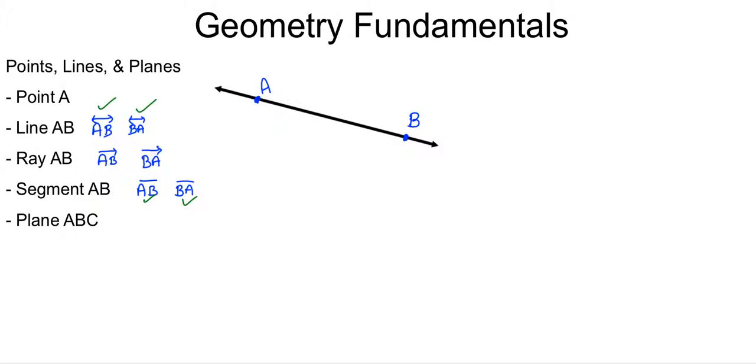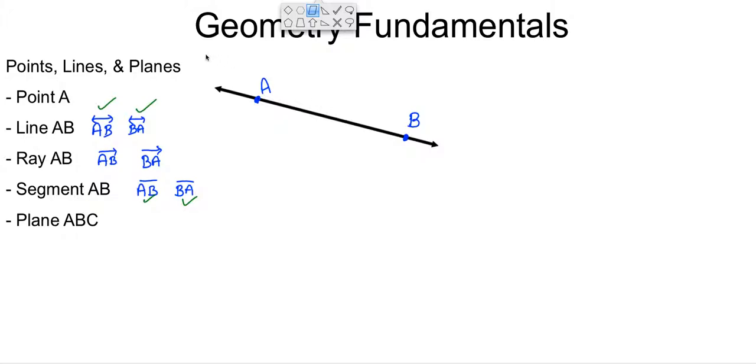Okay. Now a plane is a two-dimensional surface extending infinitely in two dimensions. In other words, it's like a flat surface that extends forever in two dimensions. It has no thickness. So the way we represent a plane is usually by a parallelogram.